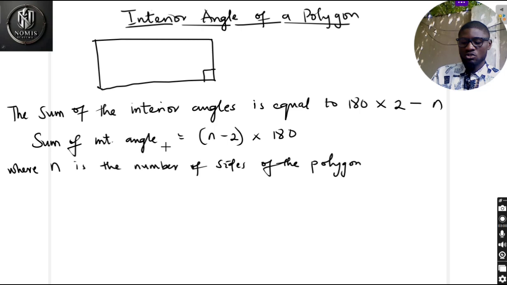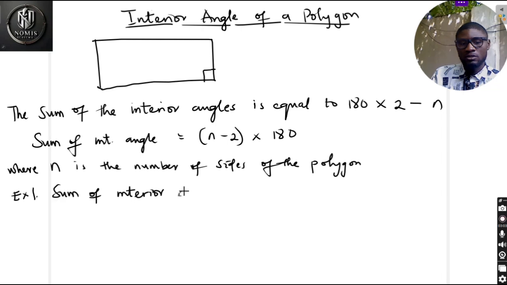Let's take example number 1. Sum of interior angles of a triangle. Since a triangle has how many sides now? 3.